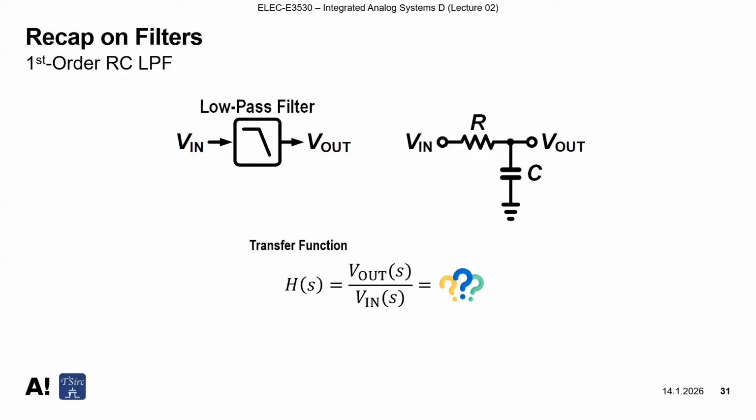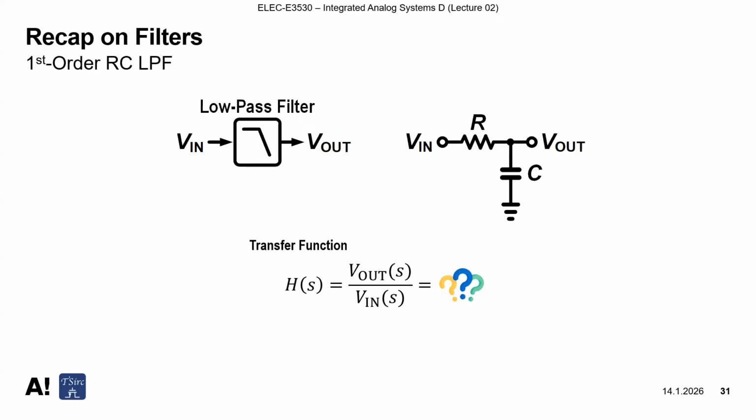For the transfer function, can you guess what it will be? Gary? 1 over 2 pi RC. So you just guessed what the pole frequency will be.